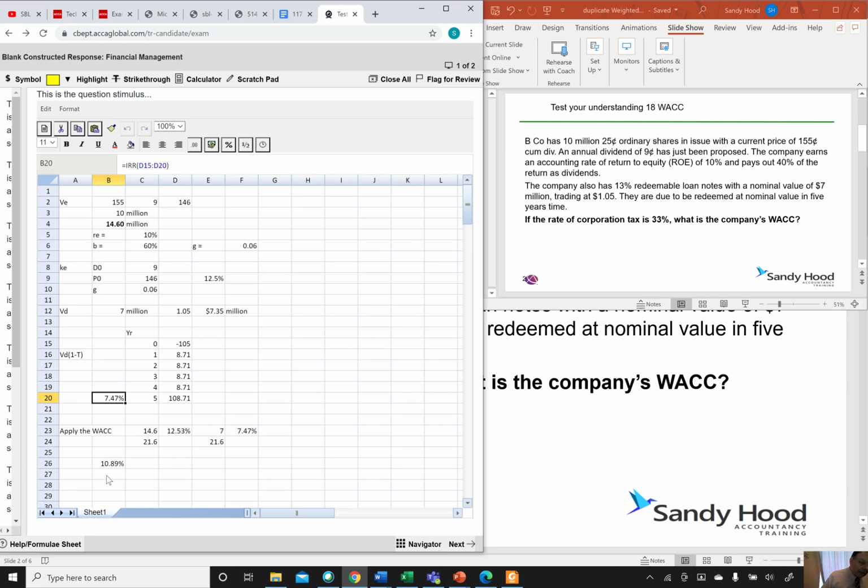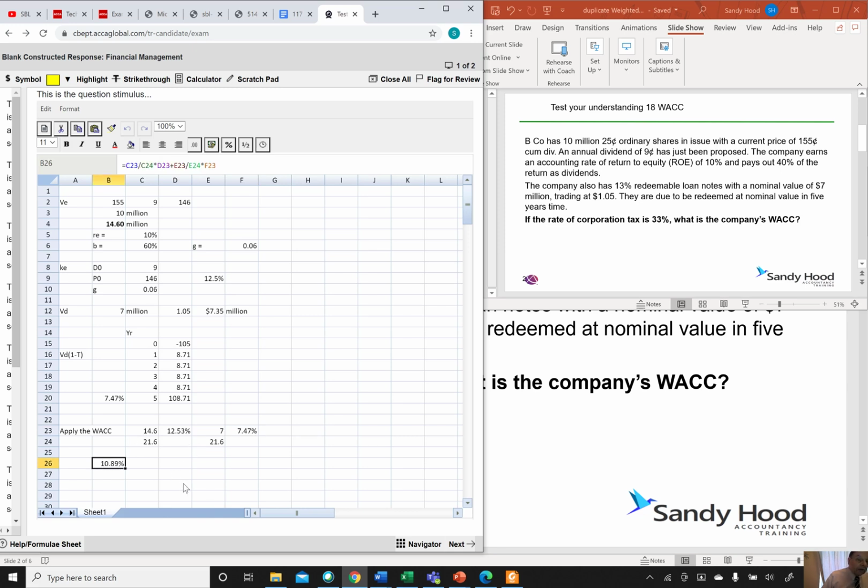So I then put them into my weighted average cost of capital: the value of equity divided by the value of debt plus equity, multiplied by the cost of equity, plus the value of debt divided by value of debt plus the value of equity, multiplied by the cost of debt after tax.